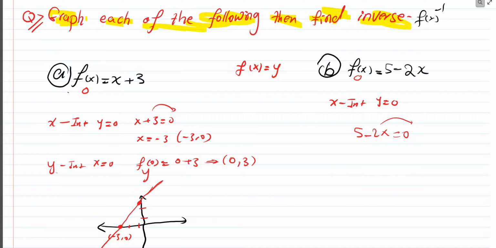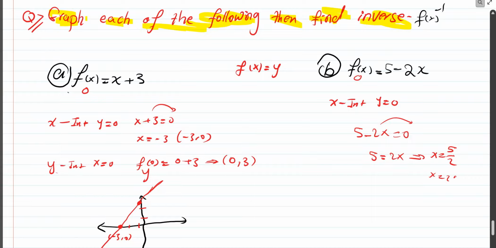By moving negative 2x to the other side, we will get 5 equals 2x. Then x equals 5 over 2, then x equals 2.5. So when you make y 0, you will get x equals 2.5.